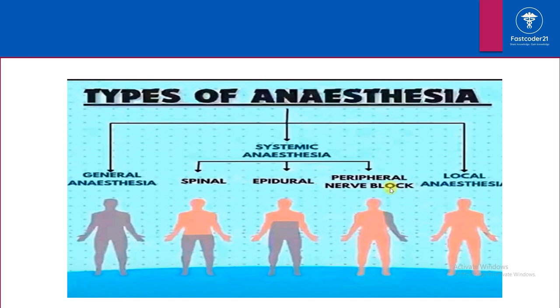These are all systemic anesthesia. First we have general anesthesia. If you see this image, general anesthesia provides pain-free numbing of the whole body. Most of the time it is used for major surgeries.